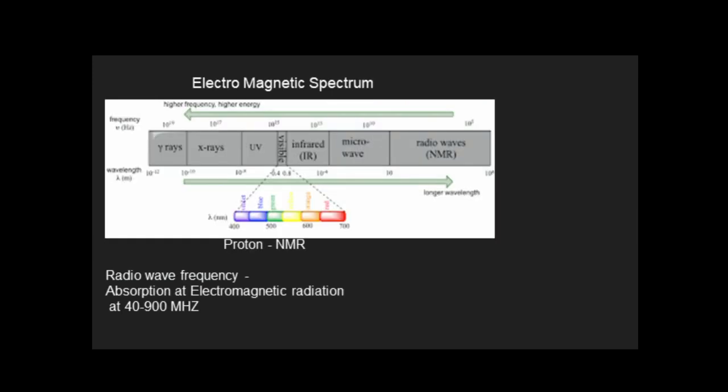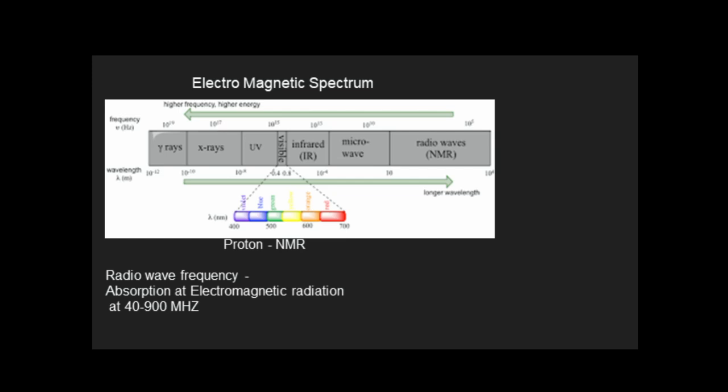First of all, you should know the electromagnetic spectrum. This is the radio wave region, otherwise called the NMR region. NMR means nuclear magnetic resonance spectroscopy.